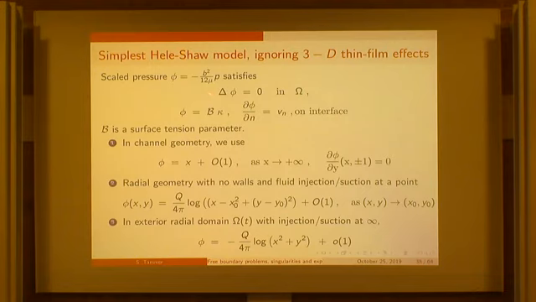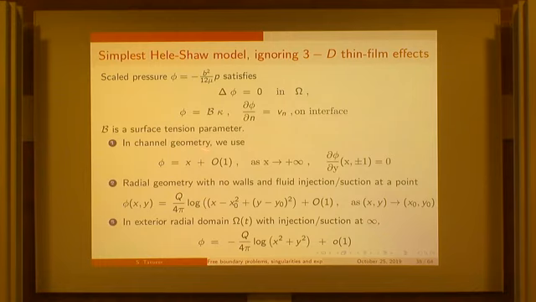So there is a negative sign here, and this satisfies Laplace's equation. On the boundary at the interface, you have to require it is equal to the surface tension times curvature, and you also have to require that the interface moves with the fluid normal velocity. So this is a model.